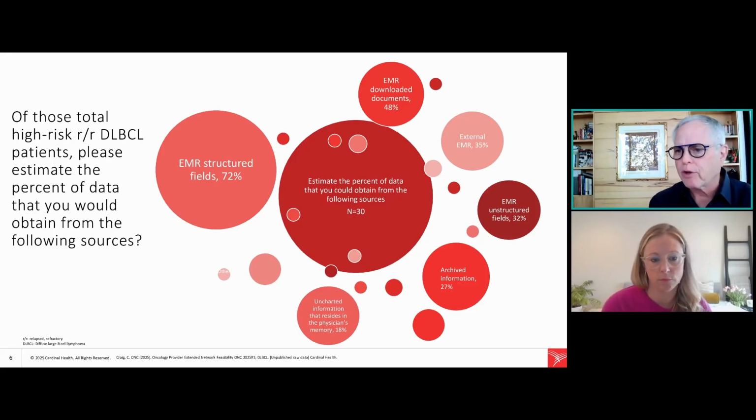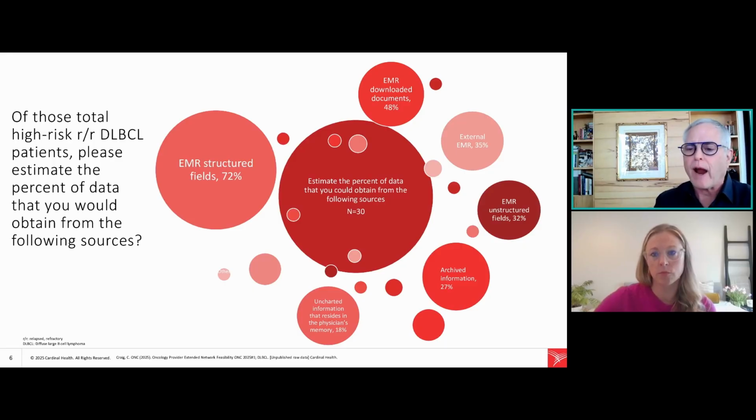And in this particular one, knowing that these patients were going to have multiple providers with multiple sites of care for the management of that particular disease, we were querying how much of that data will be found in these different data sets. And it was pretty remarkable.